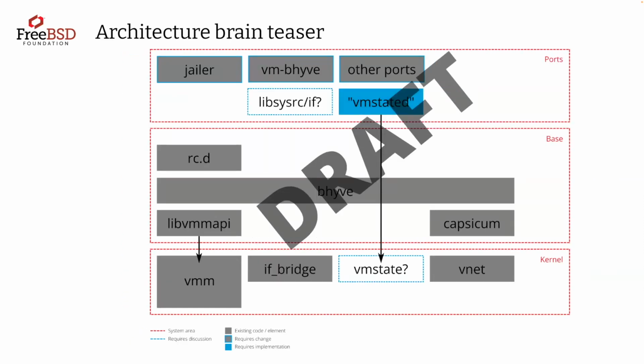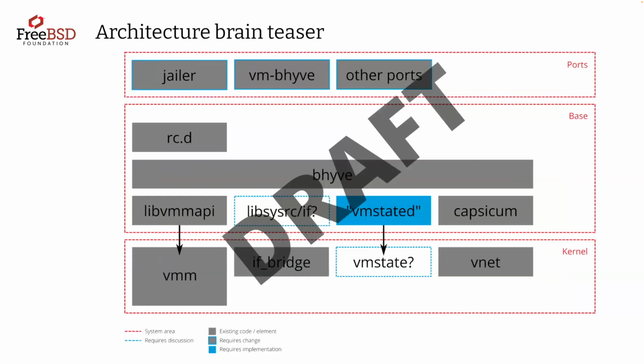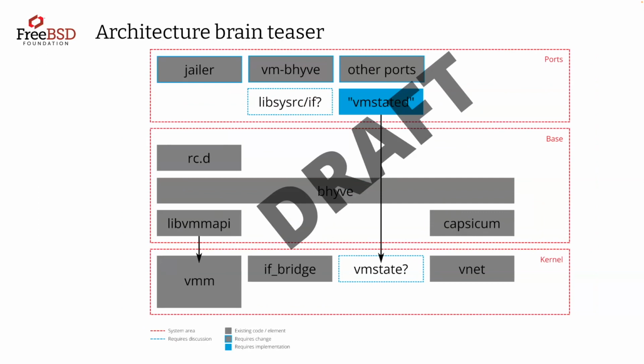It's probably better to start in ports, because I think everyone on the call knows the process and the difficulties in bringing actual code into base, and the review complexity that it takes. So when it comes to developing and trying stuff out, it's going to be easier to start in ports.